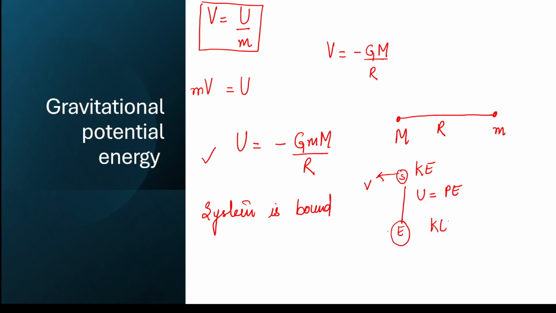The KE plus PE should be negative. If it is not negative, the satellite will fly apart. It will escape into the universe. The total energy of any planet around the sun is negative. One is its potential energy, one is kinetic energy. Because the total energy is negative, these planets are bound to the sun.